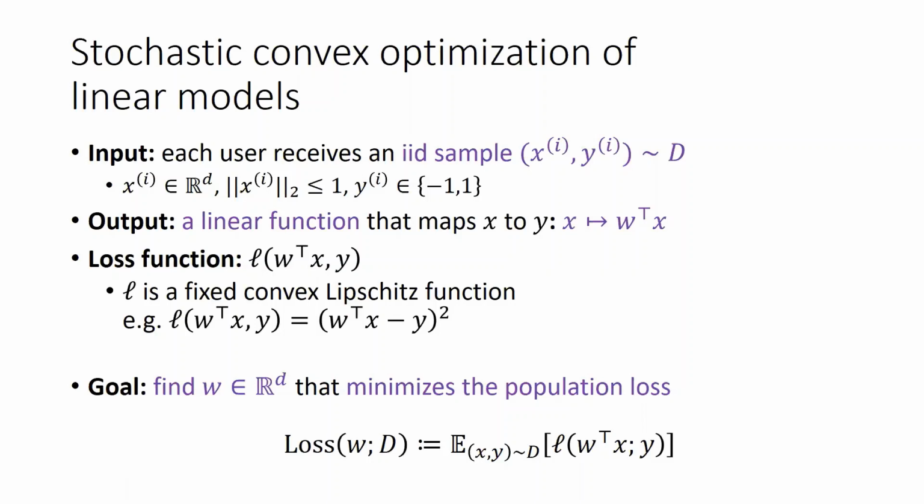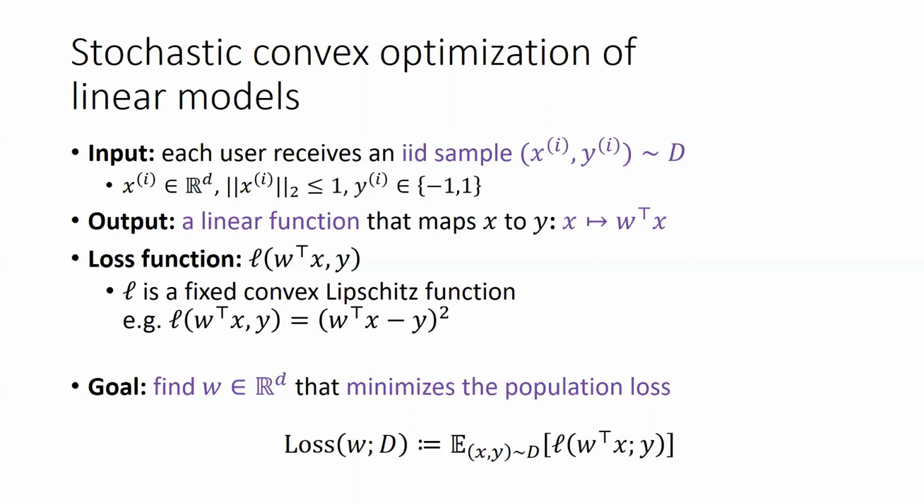Now, in order to quantify how good each choice of W is, there is a loss function, L, that receives both the inner product between W and X, which is the prediction, and the true value of Y, and it outputs a penalty cost.